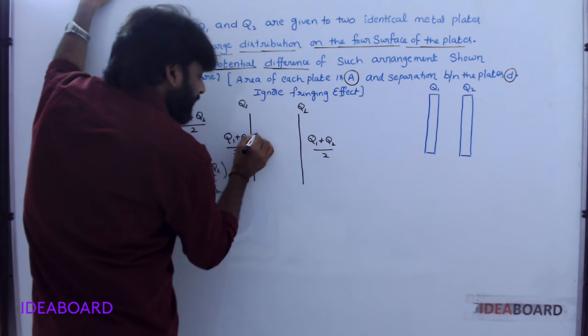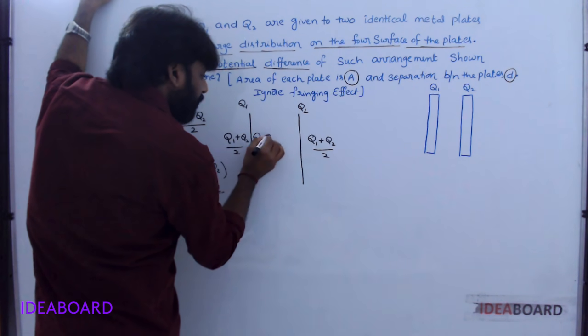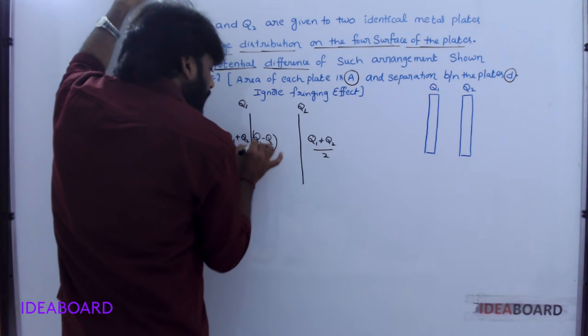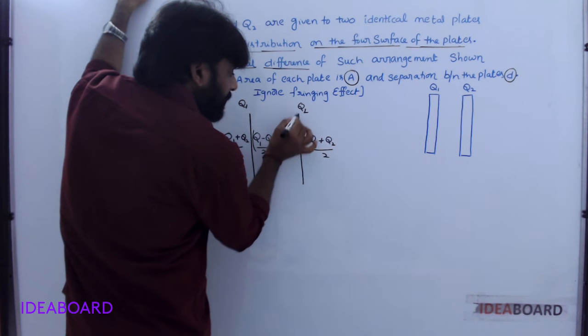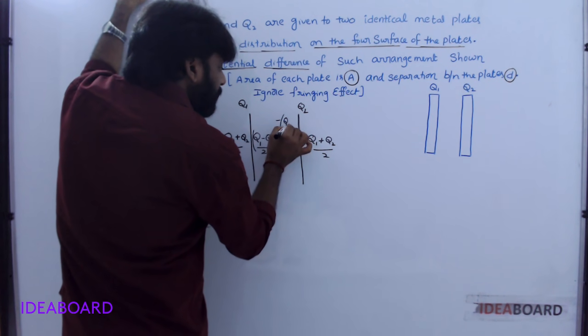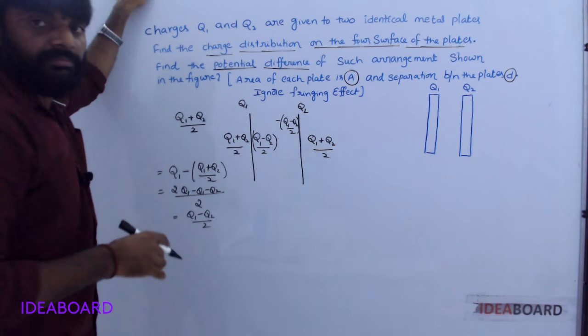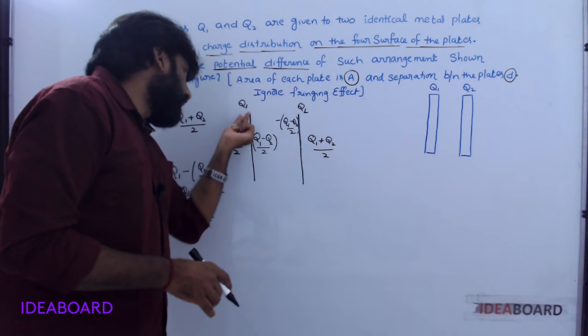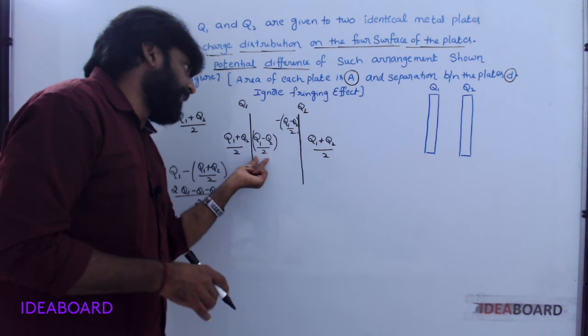That means inside it is Q1 minus Q2 by 2. Here the individual charge is minus (Q1 minus Q2) by 2. Understood? Outer surface Q1 plus Q2 by 2, inner surface Q1 minus Q2 by 2.